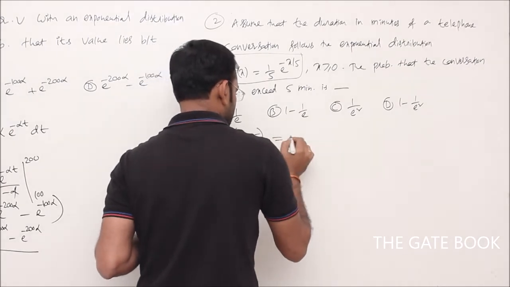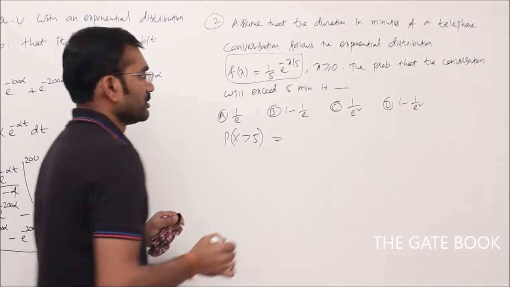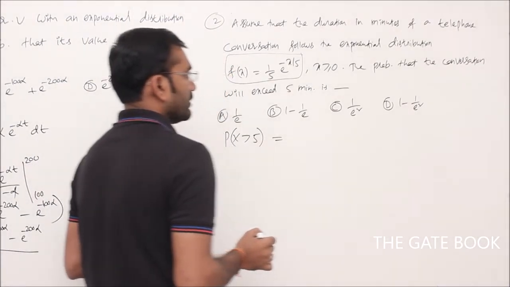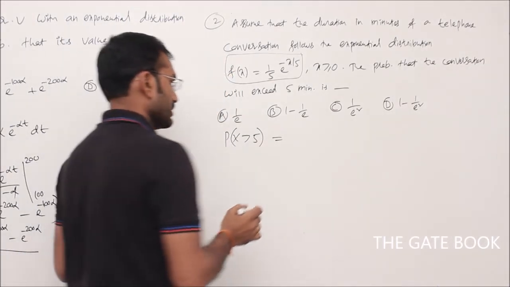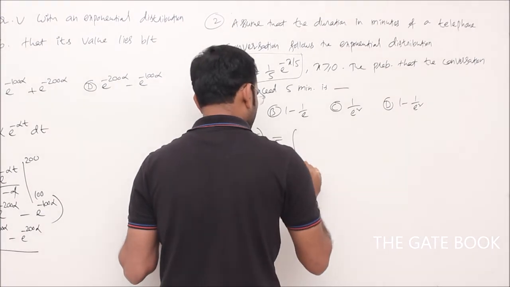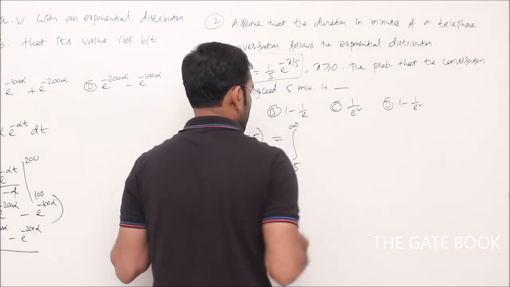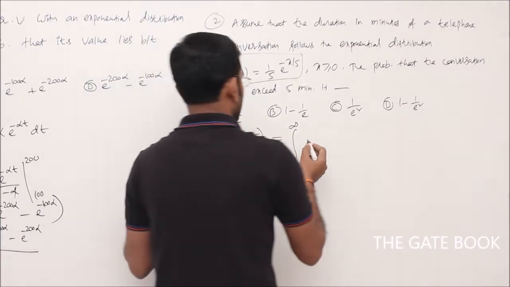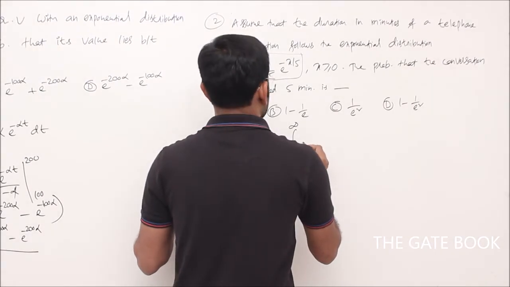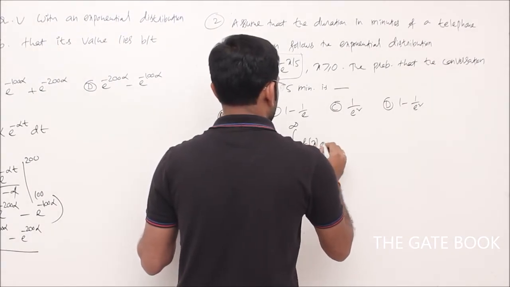The probability that a telephone conversation will exceed 5 minutes is P(x greater than 5), which is the integral from 5 to infinity, the upper limit being infinity, of the function f(x) dx.